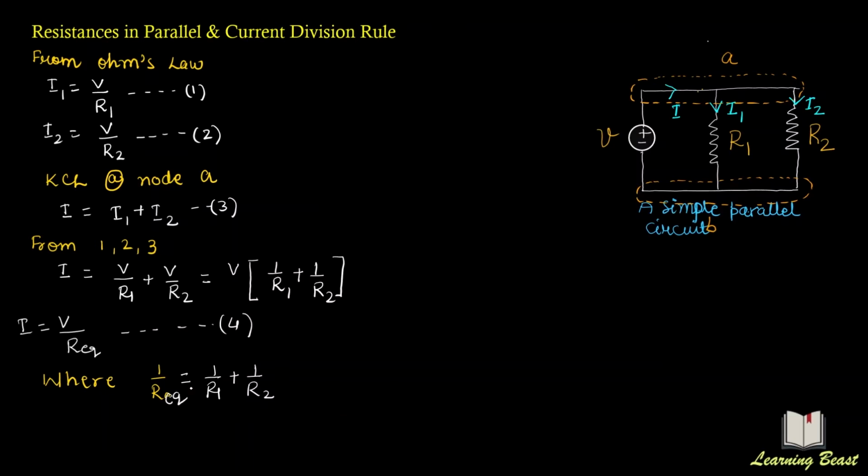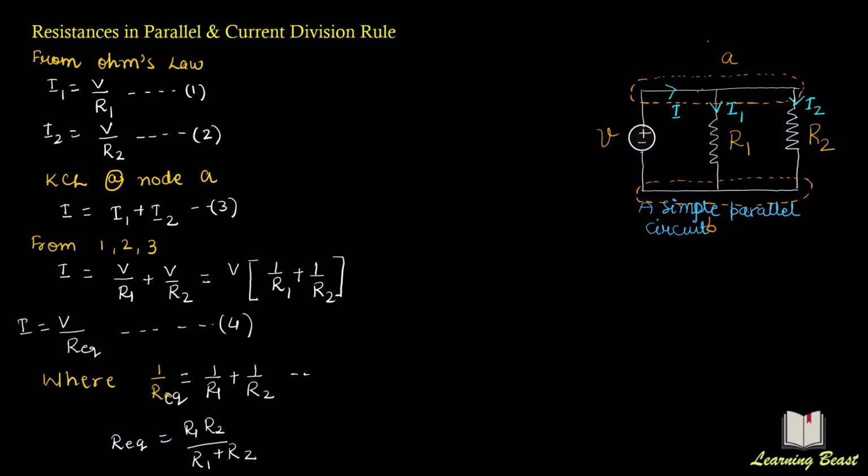This can be rewritten as R equivalent is equal to R1 into R2 divided by R1 plus R2.